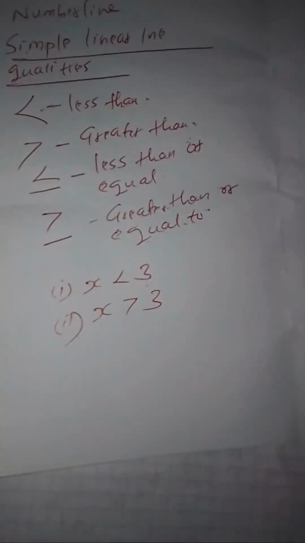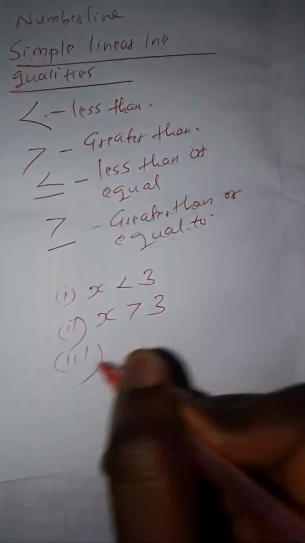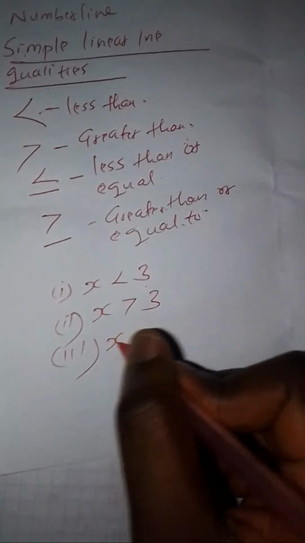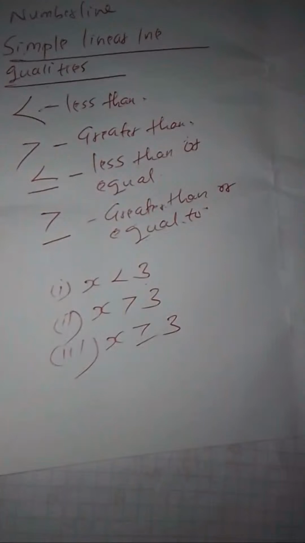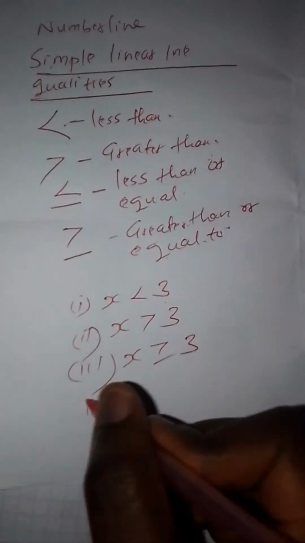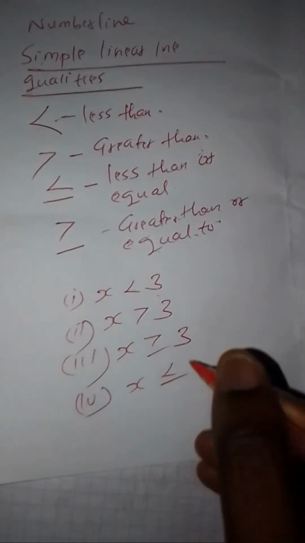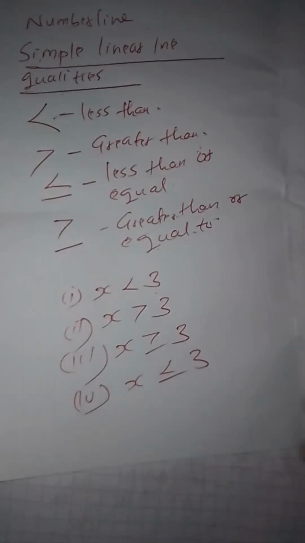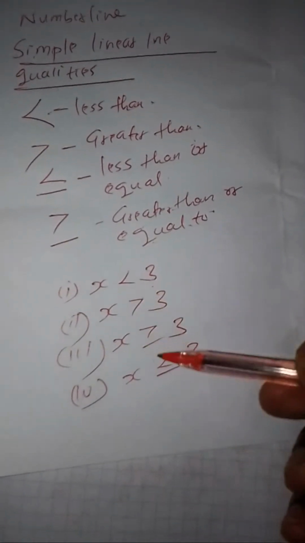Then Roman 3: we can say that x is greater than or equal to 3. And Roman 4: we can say that x is less than or equal to 3. So these are all inequalities.